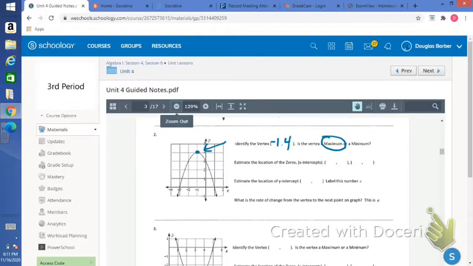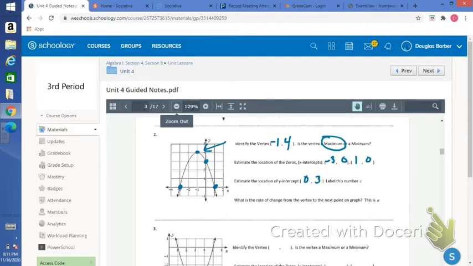Estimate the location of the zeros. So we cross the x-axis there at -3, 0, and here at 1, 0. The y-intercept is here. That's where it crosses the y-axis, so that's at 0, 3.